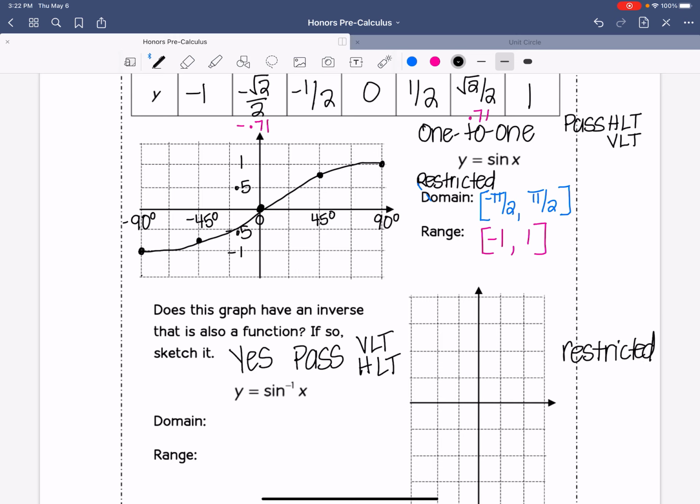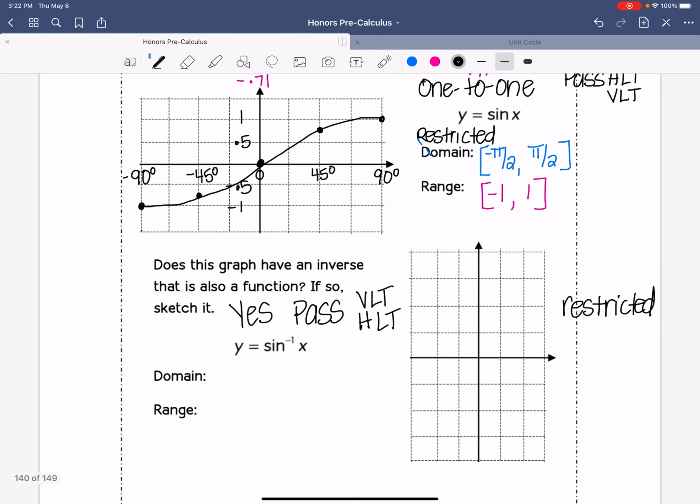So the inverse. If I flip those values around, my domain should become my range and my range should become my domain. So this should be negative 1 to 1, and this should be negative pi over 2 to pi over 2, or negative 90 to positive 90. So again, I would label this: negative 0.5, negative 1, 0.5, and positive 1.